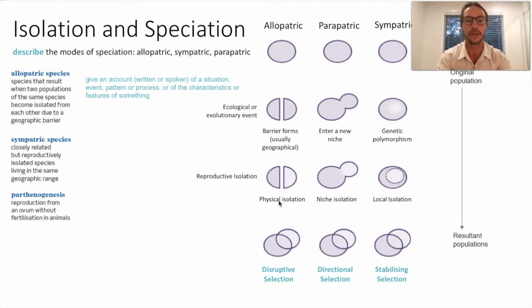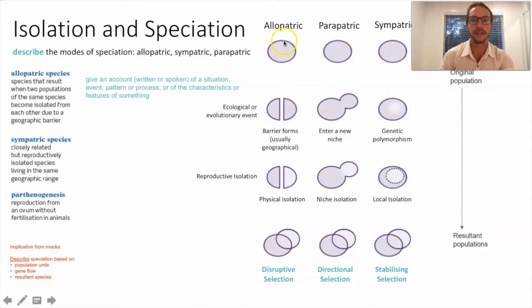So in summary, there are three main types of speciation and how they integrate back into the idea of phenotypic selection from last week. So how do we describe this as the subject matter expects us to? Well, the implication from the questions is to describe population units, that being the original population being a single unit and the resultant population being two separate units.